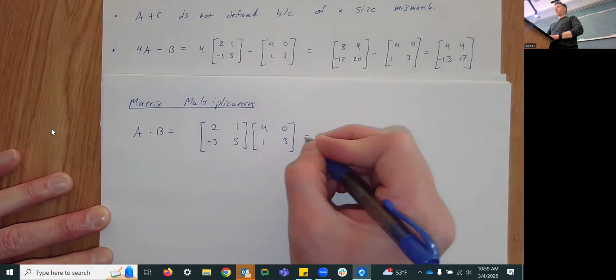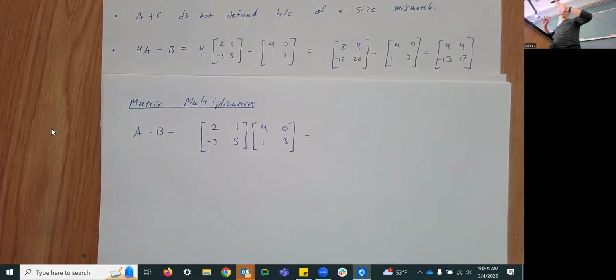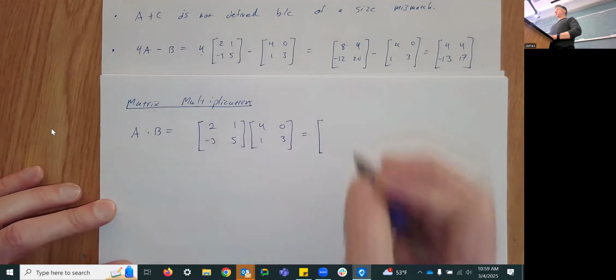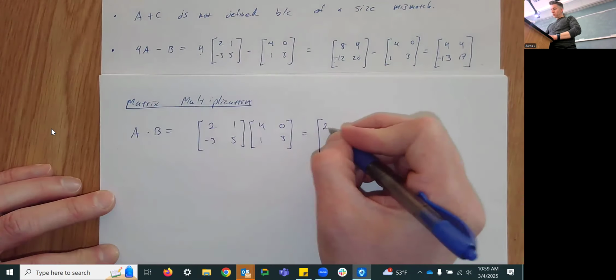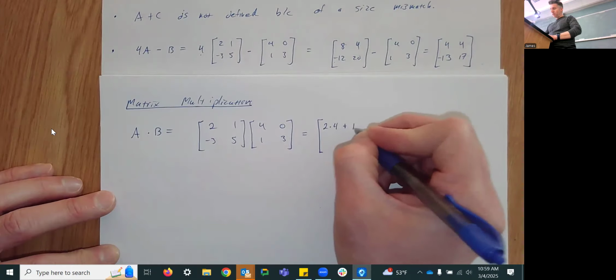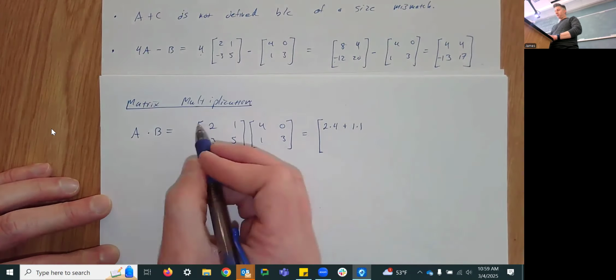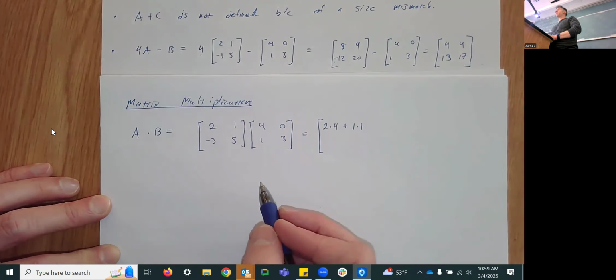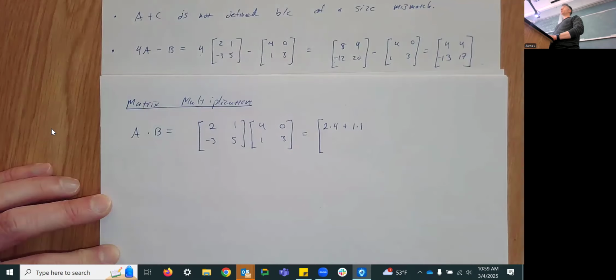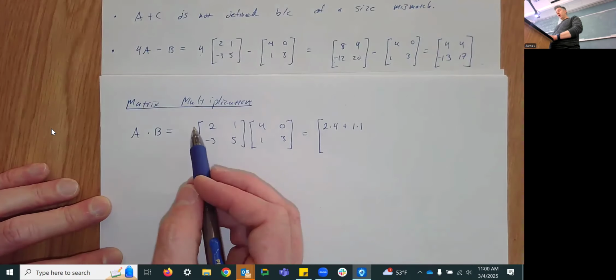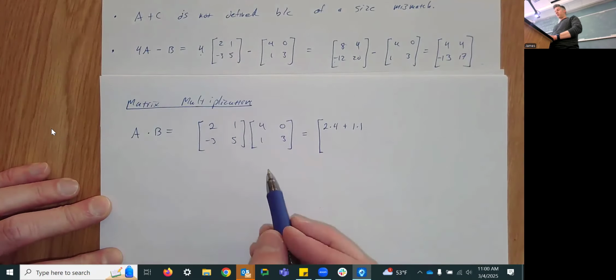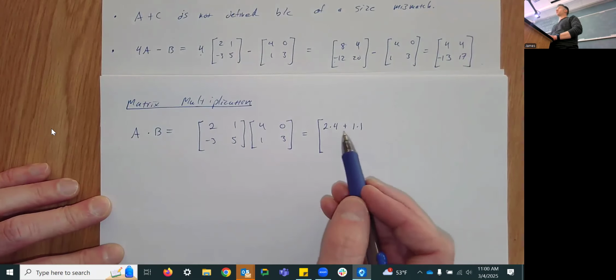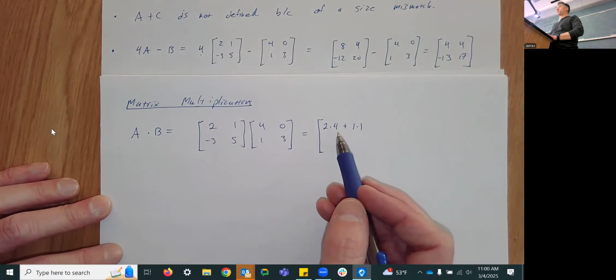So when we write this out, normally I would probably skip writing all of this arithmetic, but I'll write it here. For our first entry, we're going to get 2 times 4 plus 1 times 1, the first row dotted with the first column. Also worth mentioning, when you dot the first row with the first column, your result ends up in the first row and first column of your resulting matrix.